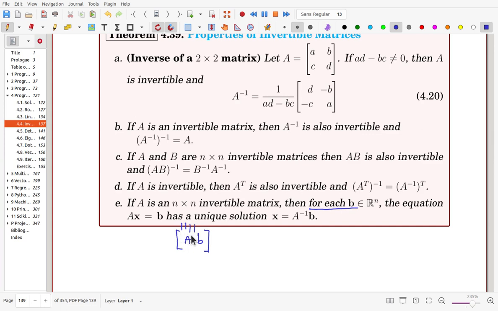So the columns of A must be linearly independent, right? We'll see later that these assertions are basically the same.